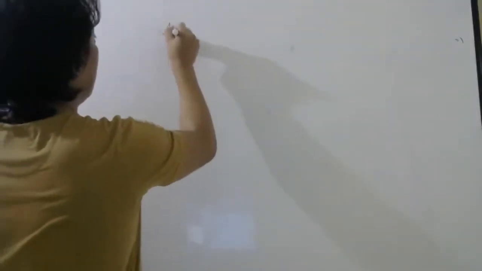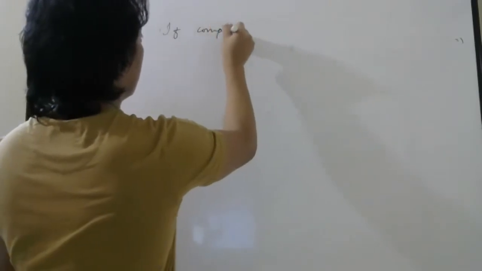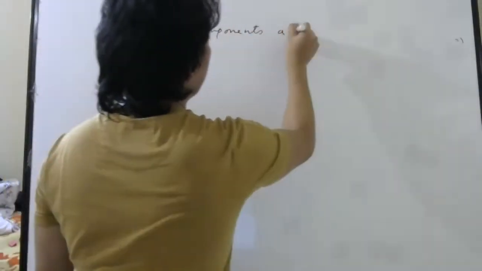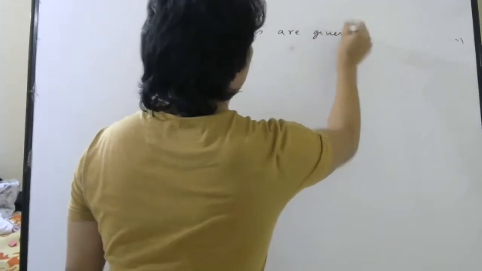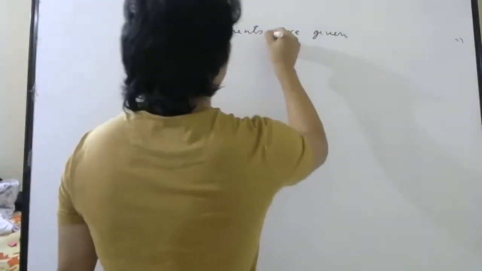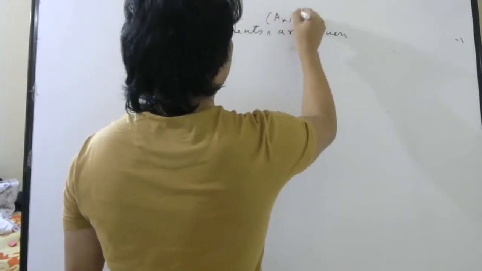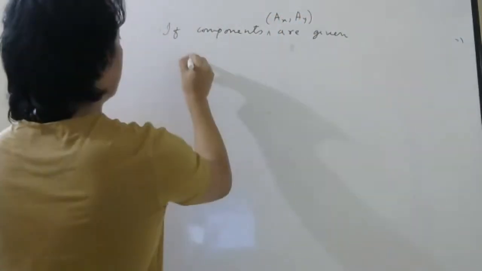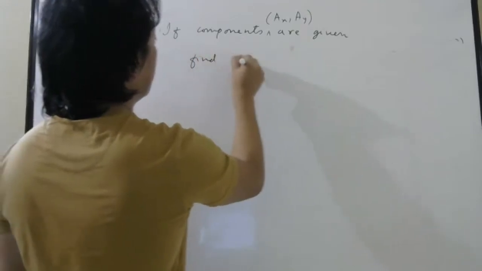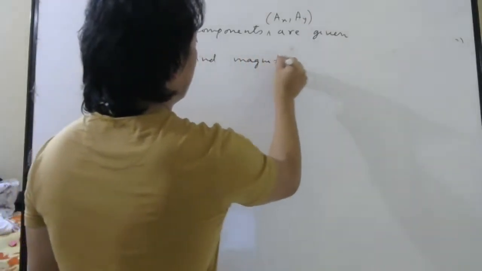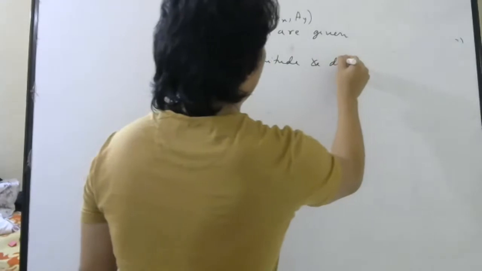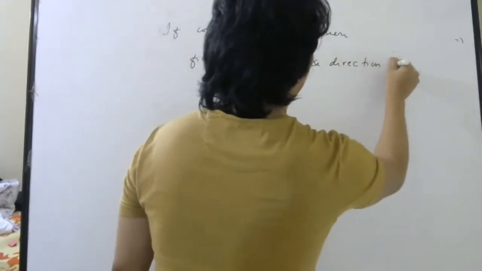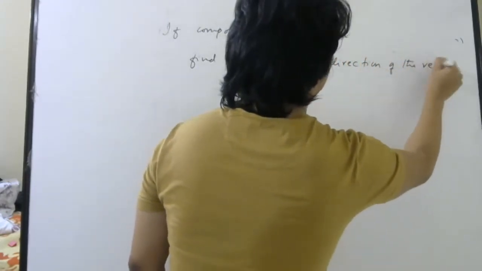Now we will do the reverse. Reverse means if components are given, that is ax and ay, find the magnitude and direction of the vector.